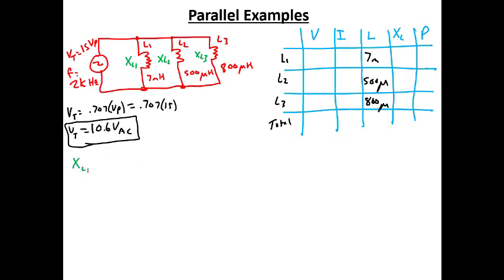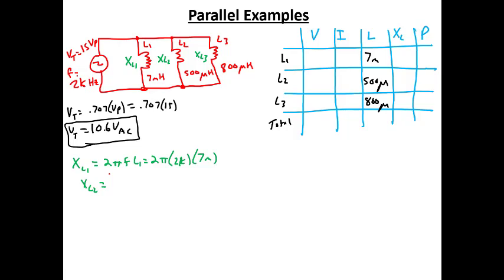So we have X sub L1, that's going to equal 2 pi F L1. So we have 2 pi, the frequency here is 2k, times 7 millihenries.